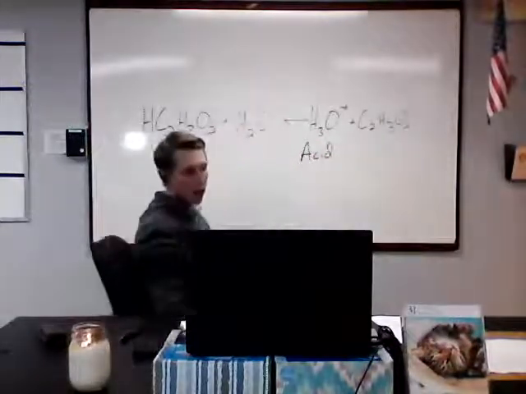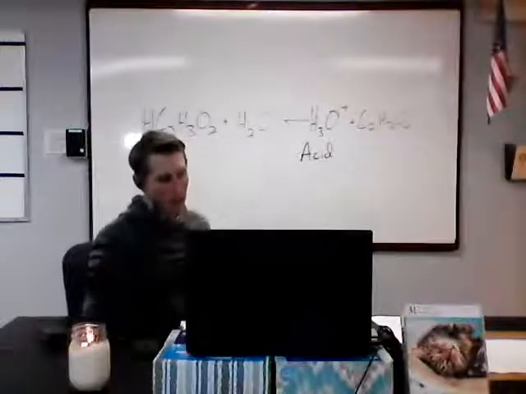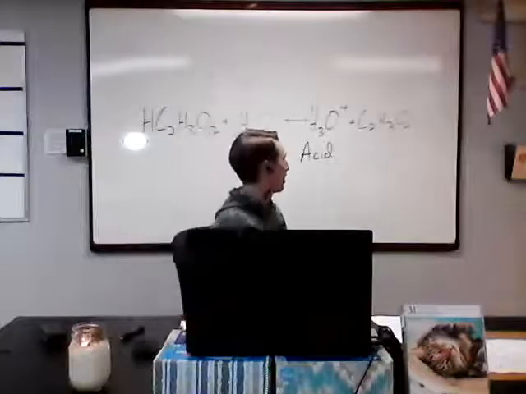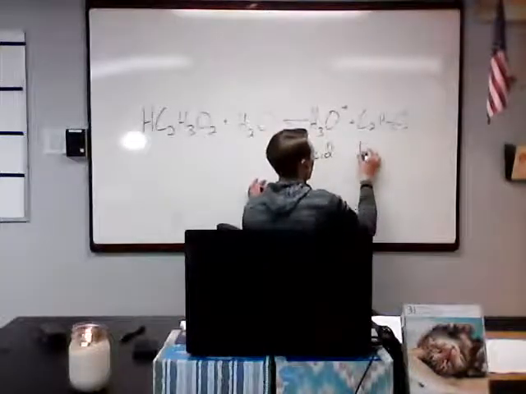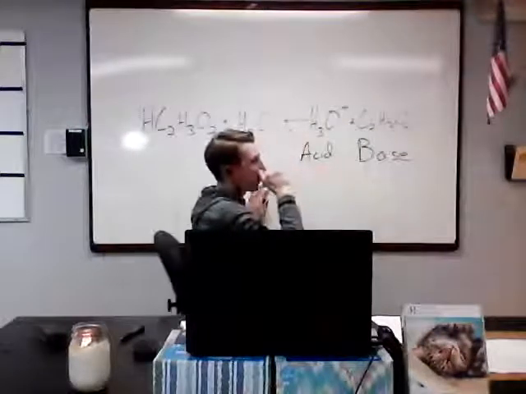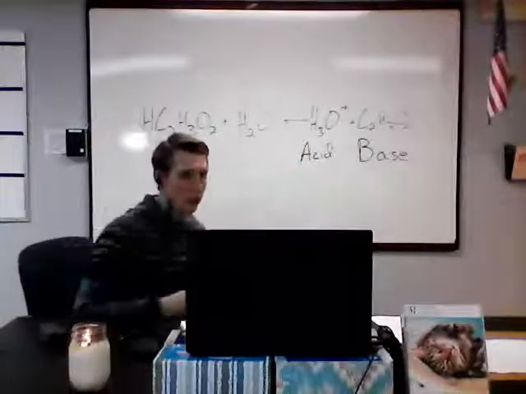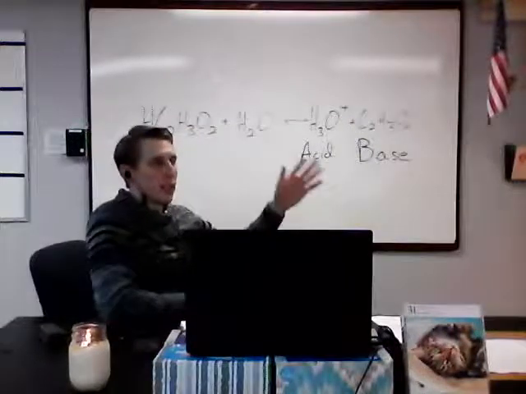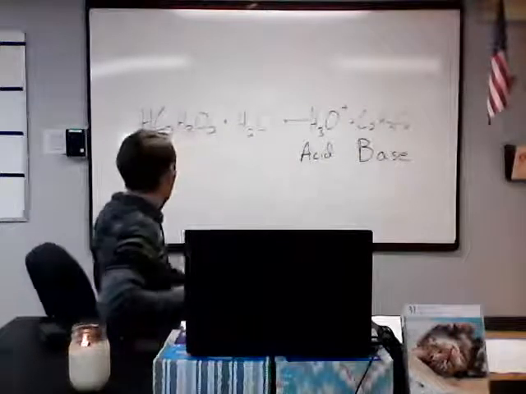So let's find our base. Obviously, the acids and bases are pretty much going to be together. So here's our base. And then we always have opposites in science. So what's the opposite of an acid according to our Bronsted-Lowry theory?